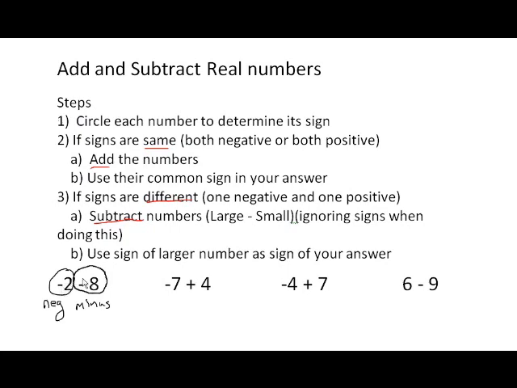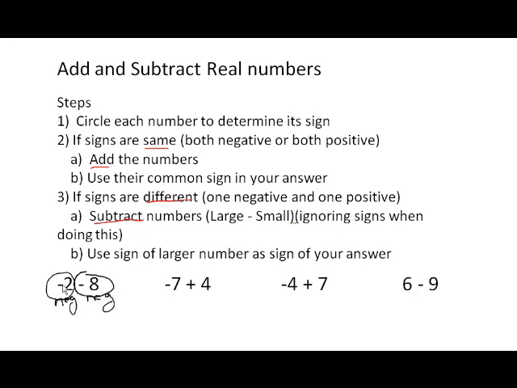I have a -2 and a -8. So a minus is just another way of saying a negative sign. So let me start my problem again. Circle each number and its sign. -2 and a -8. This is negative and this is negative.